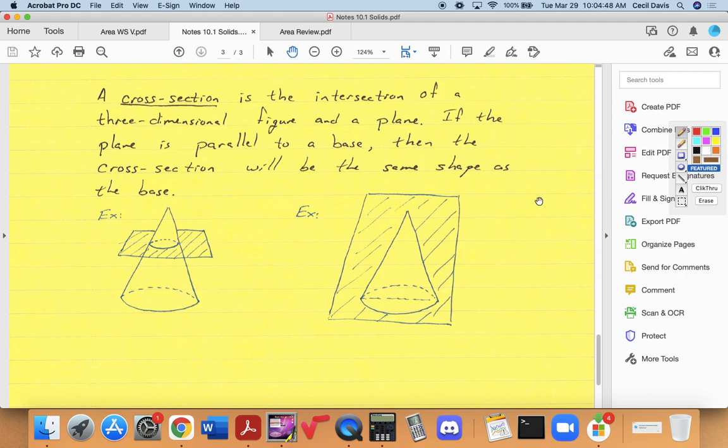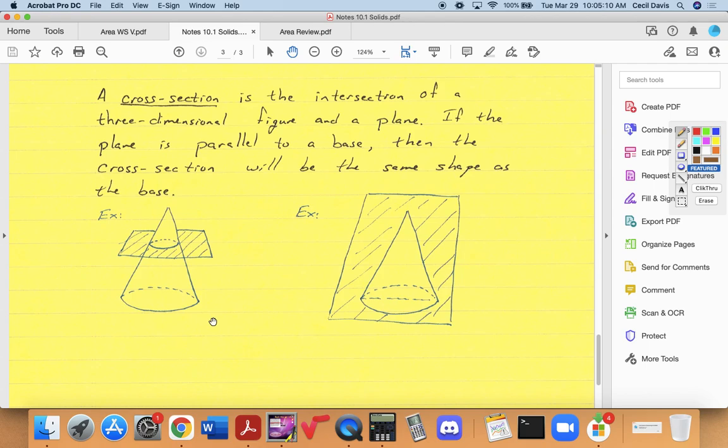Okay, so here, if you were to slice this cone across here and look at where you took it apart, what would be the shape of the pieces that you couldn't see before?